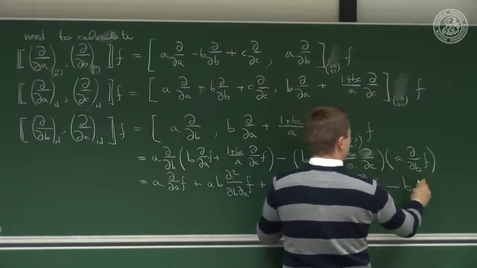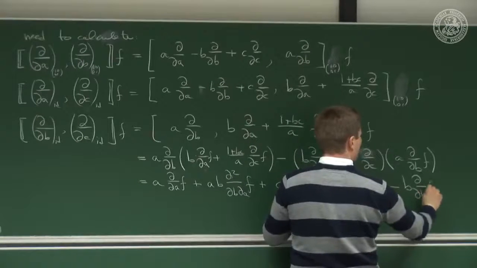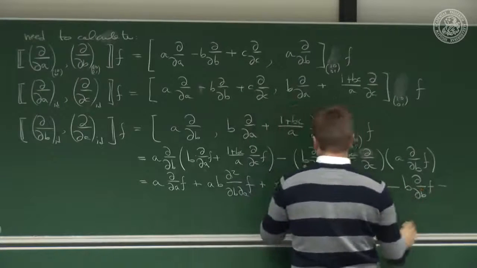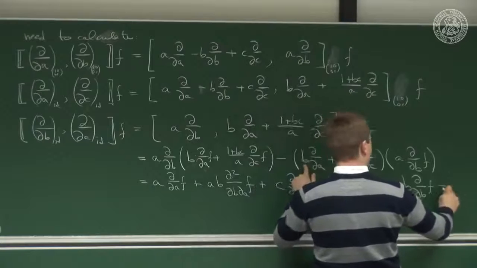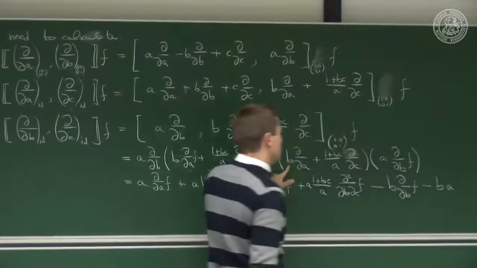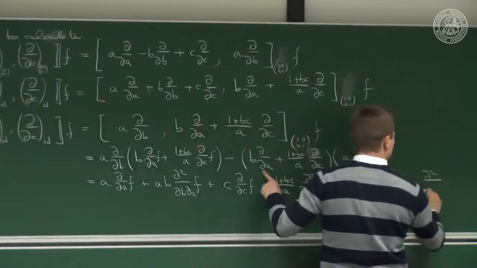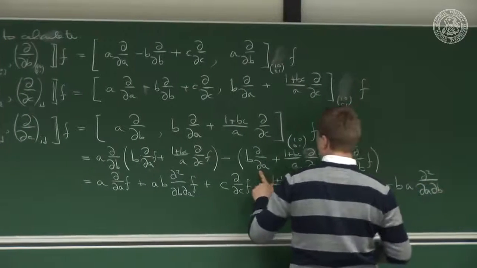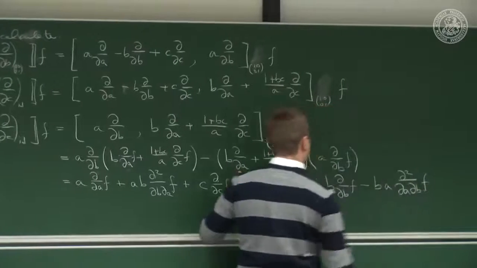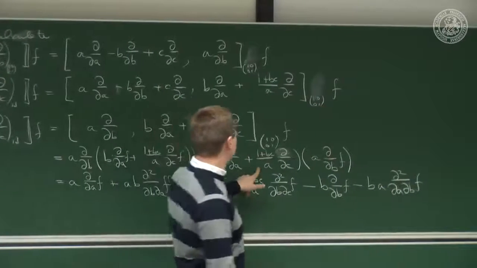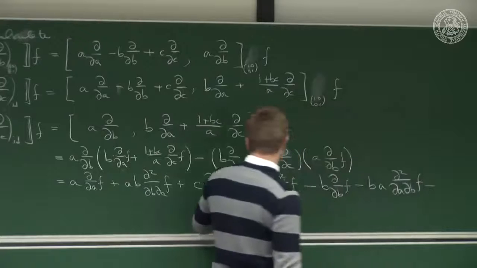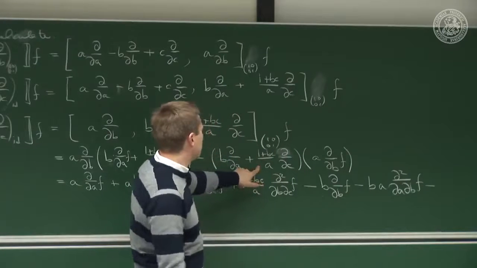D by dA is 1, so you get d by dB f. But product rule instructs you to have minus ba second derivative d by dA d by dB on the function f. And then the final term here, minus the derivative of c.